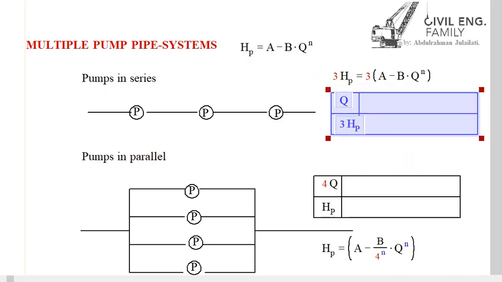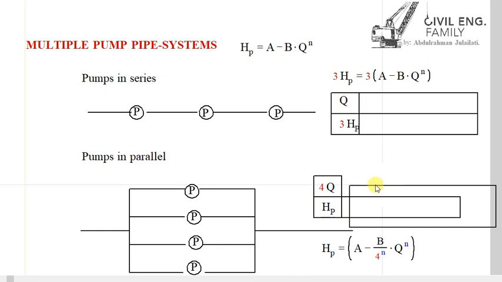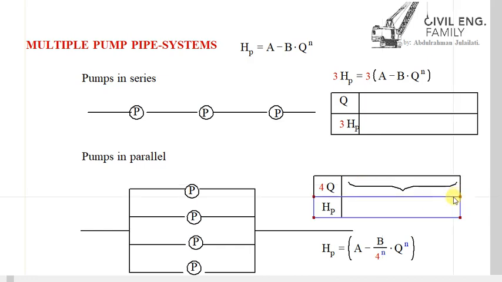So when a table is given for the graph, if we are solving for a curve or graph, by the number of pumps connected in parallel, I should multiply the Q. I should multiply the whole table, not only the Q, I mean the whole table, the numbers we have. But when we have pumps connected in series, we multiply only the head of the pump by that number of pumps.